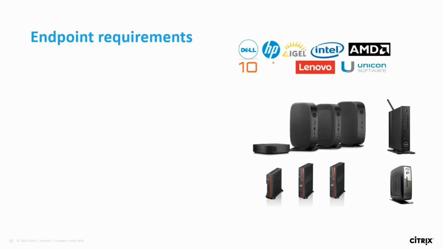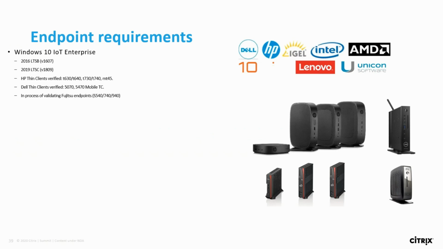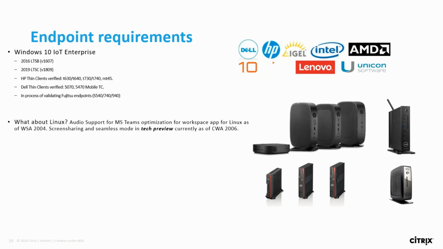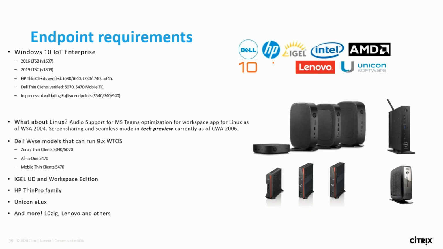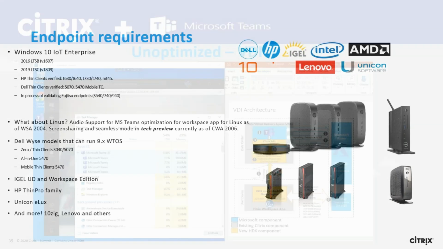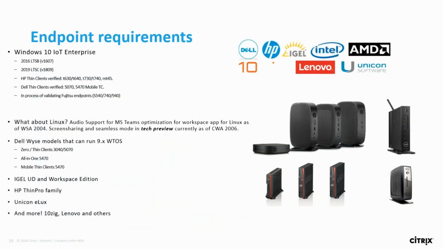And then, very quickly, around the endpoint requirements, it covers a wide range of endpoints, but there is a documented list that you can find in the Citrix documentation. And just to call out as well, it is available on Linux.